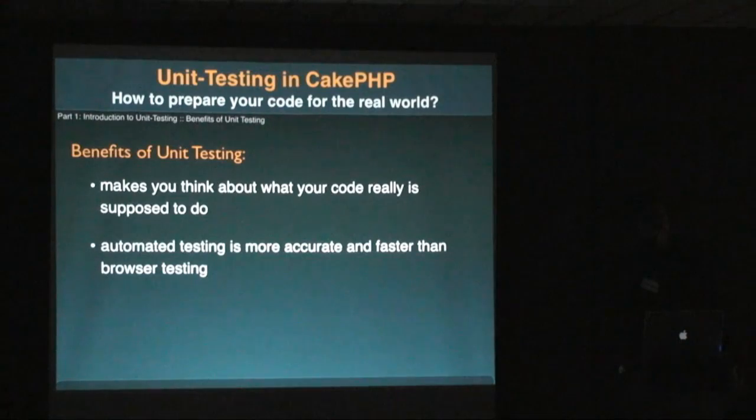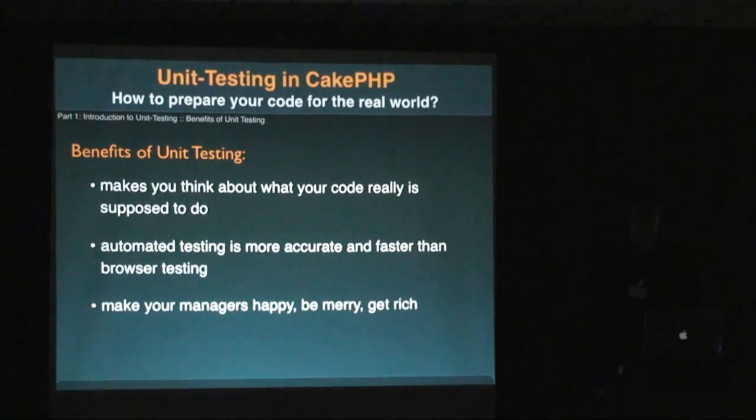And one of the benefits is also that having a machine test your code is always going to be more accurate and faster than testing it with a team of like 10 people in the browser all the time. Because of that, you save money, you make your managers happy, and you're going to be a better developer and may end up with more money yourself.